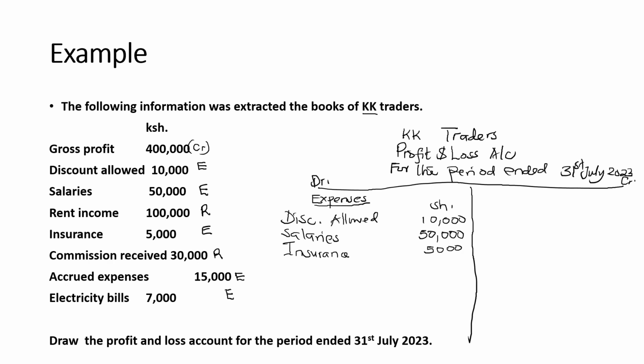Another expense we have there, accrued expenses. Accrued expenses, how much? 15,000. And finally, electricity bills. Electricity bills, 7,000.